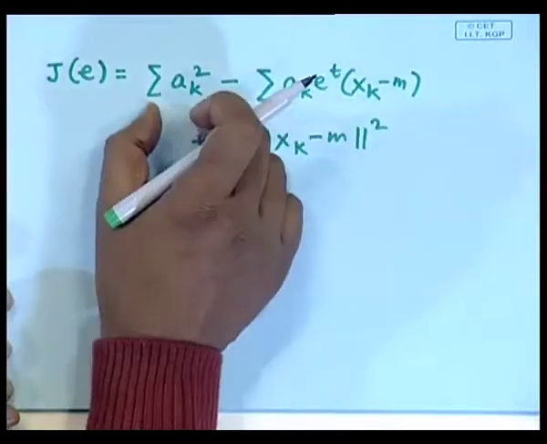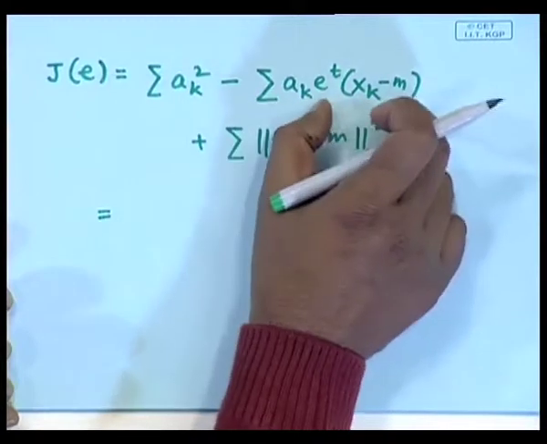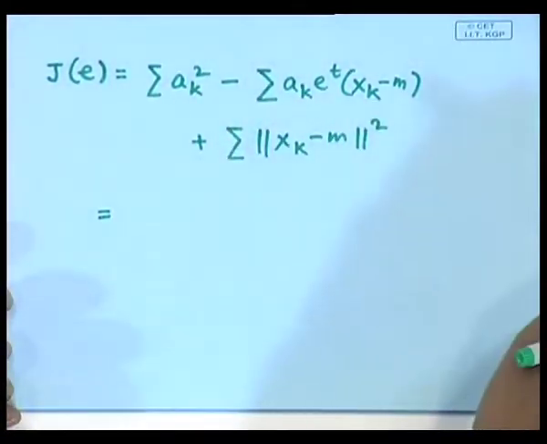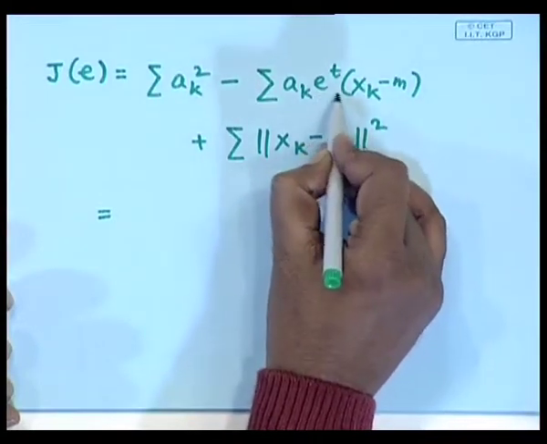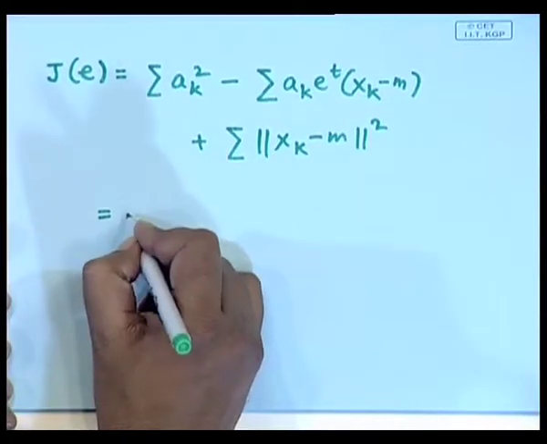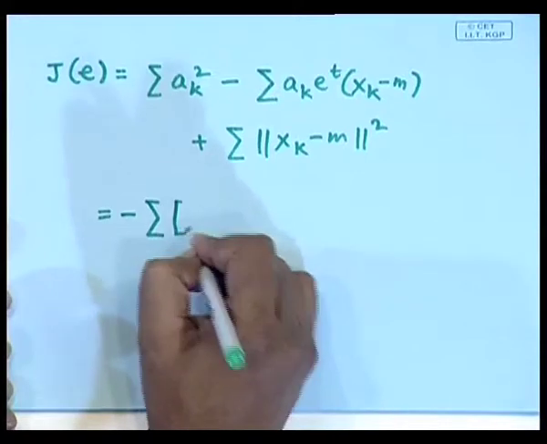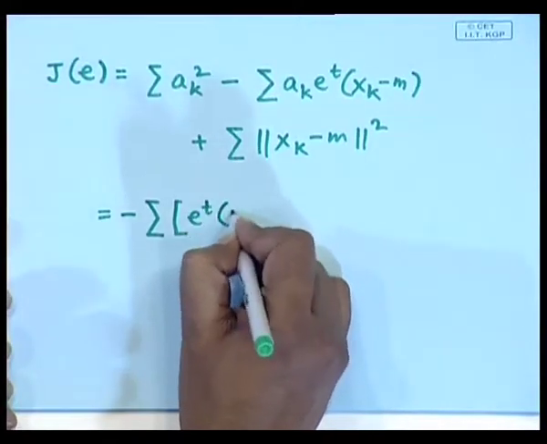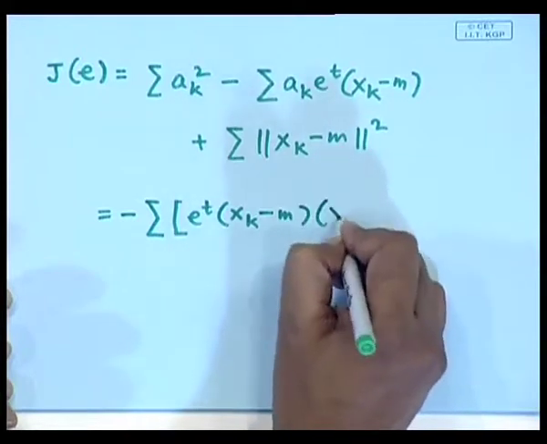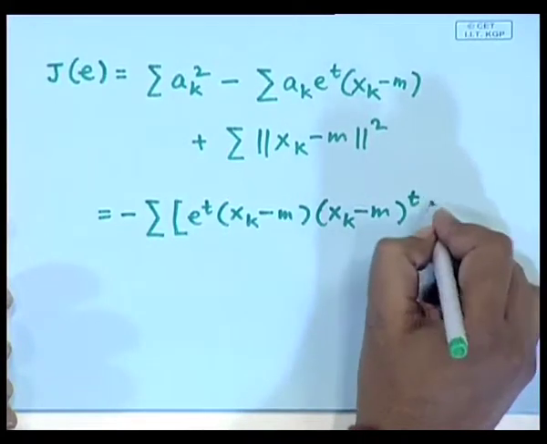So, this will be A k square, this will also be A k square, this is minus 2 A k square, minus 2 summation of A k square, this is plus summation of A k square. So, effectively I get minus summation of A k square, and A k is nothing but E transpose x k minus m. Okay. So, I can rewrite this expression as minus summation of E transpose x k minus m into x k minus m transpose into E.